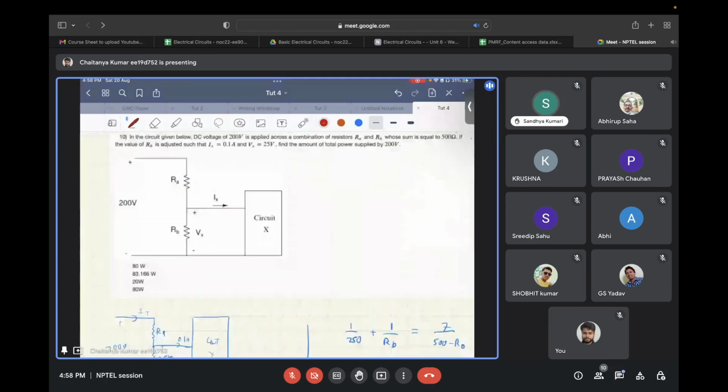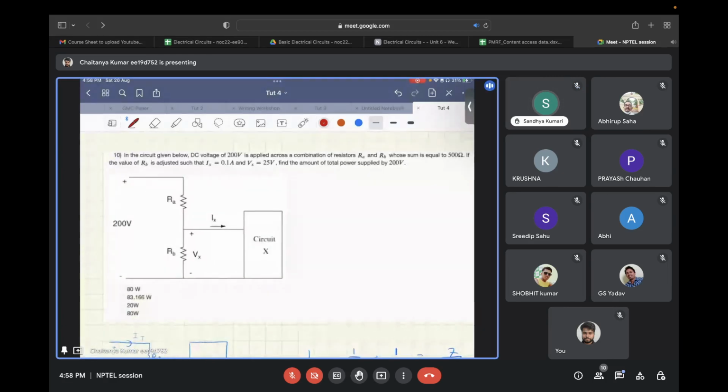Here, what you have been given is a complete network that contains two resistors RA and RB, and the sum of the two resistances is 500 ohms. There is an additional circuit X connected in parallel with RB.